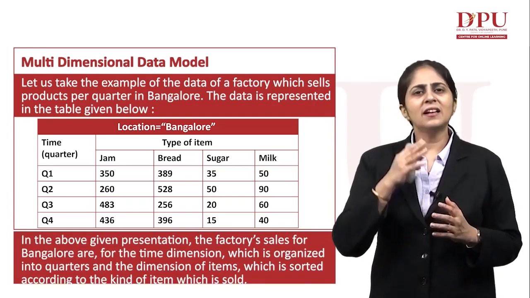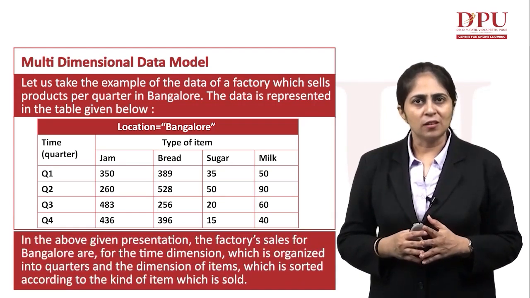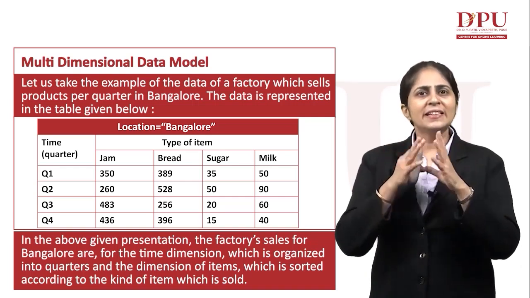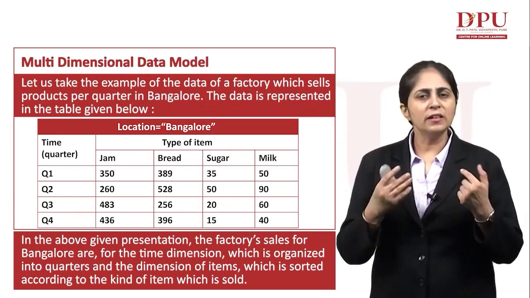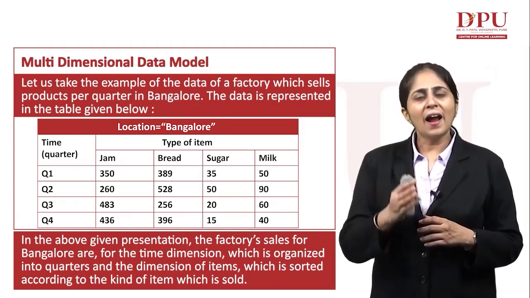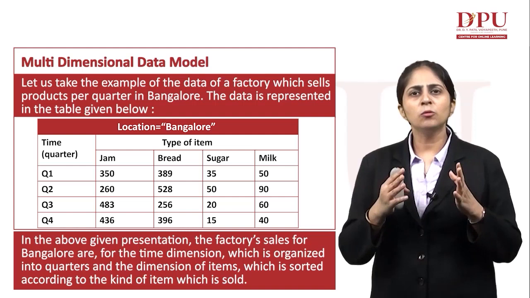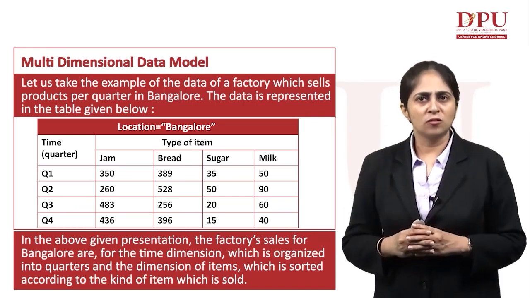Now, in the given representation, you can see the factory sales for Bangalore are for the time dimension, which is organized into quarters, and the dimension of items, which is sorted according to the kind of item which is sold.